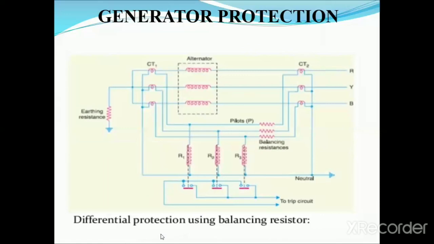Okay, this is the differential protection by using the balancing resistance. By using balancing resistances like this, differential protections are obtained. This is differential protection using balancing resistance. By usage of this balancing resistance, we adjust and balance the CT1 and the CT2. That is the main important reason for using these balancing resistors.